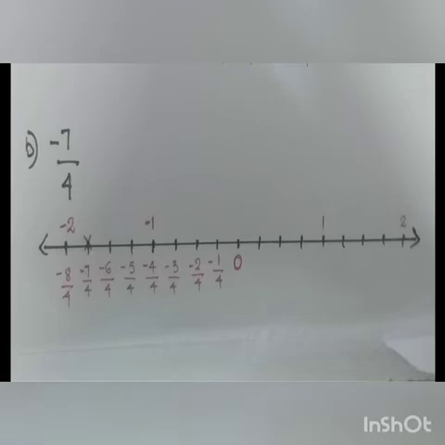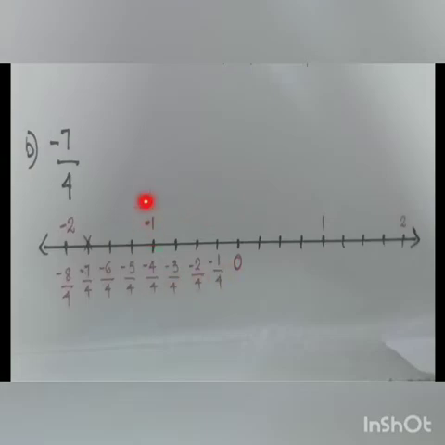So, here one distance is not enough for representing 7 by 4. So, I took the distance 0 to negative 1 and up to negative 2, and one unit distance I divided into 4 parts, because here the denominator is 4.